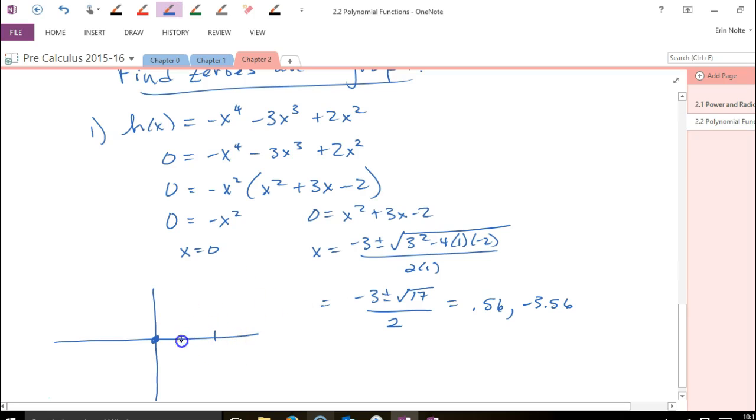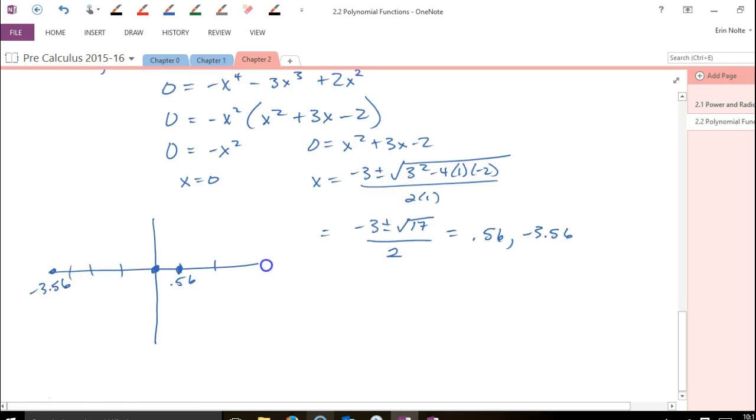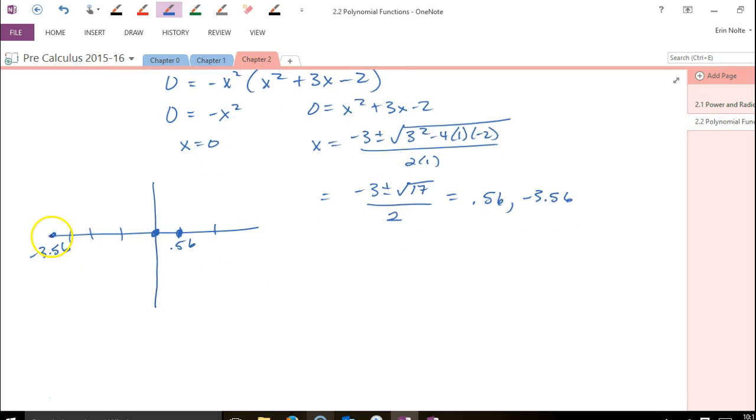Well, that's like 0.56. So let's call this 0.56. And this is going to be 1, 2, 3. Negative 3.56. Okay, so those are the zeros that this function has to go through.